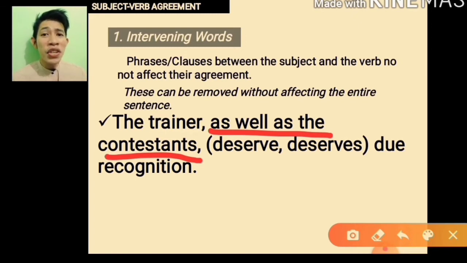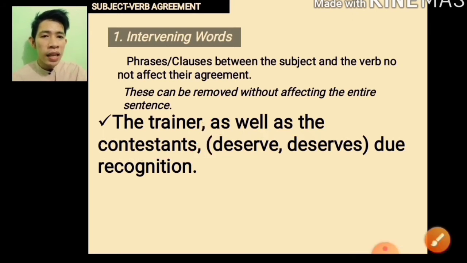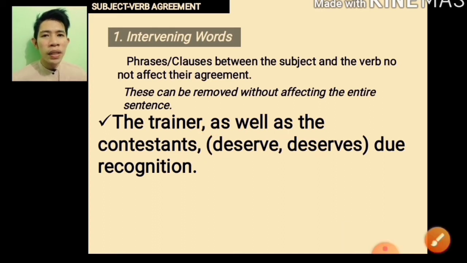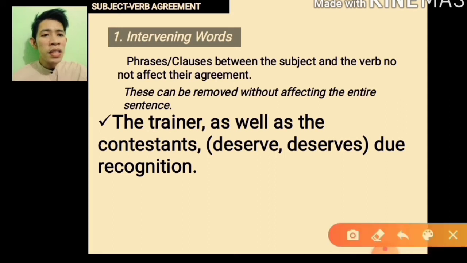Malalaman natin na intervening words siya, or panggulo siya, if there is comma. May comma siya at the end, okay? May comma siya. O, yan. Yung comma na yan, that would say that that word or that phrase is a panggulo or intervening words lang siya.